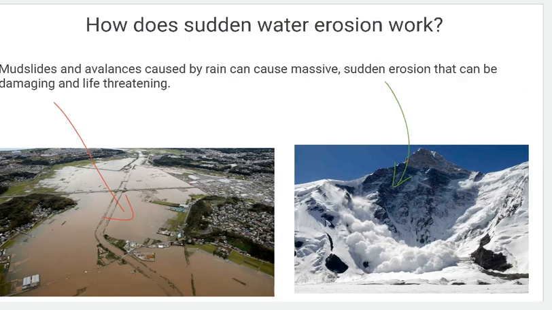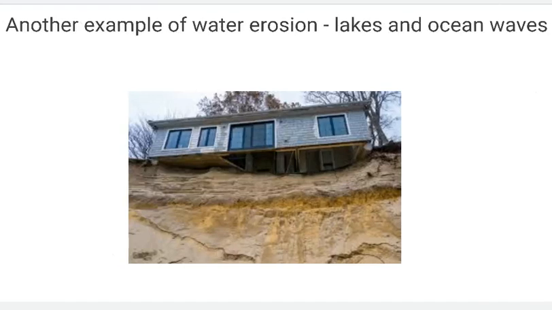And the last bit of water erosion I want to talk about is lakes and ocean waves. So this is something that unfortunately happens when we have cliffs and other surfaces next to lakes and oceans.